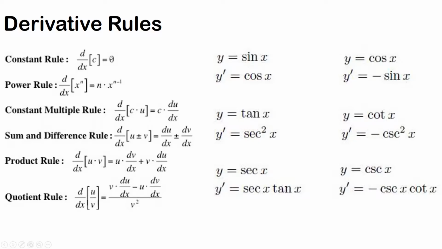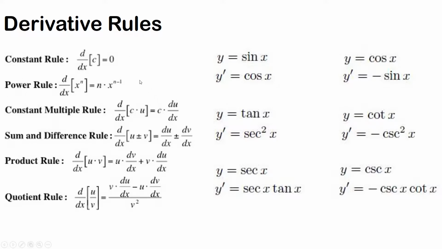And you could visualize that with, say, just a straight horizontal line, like y is equal to 3. That line has a slope of 0. Therefore, the slope of the line tangent to that is also 0, the rate of change is zero. So the derivative of any constant number c is equal to 0.